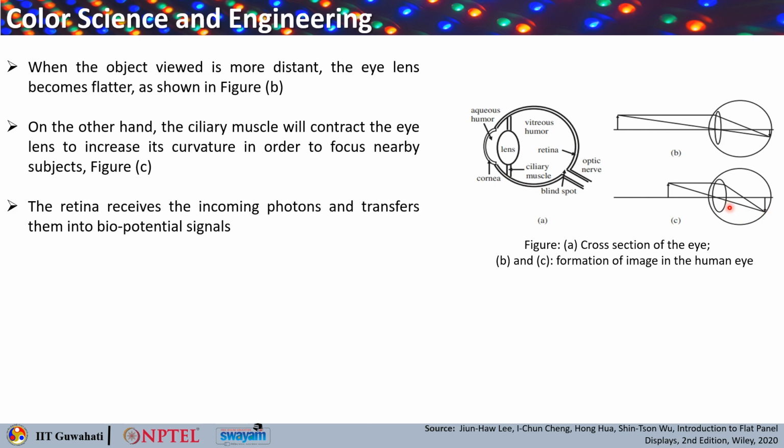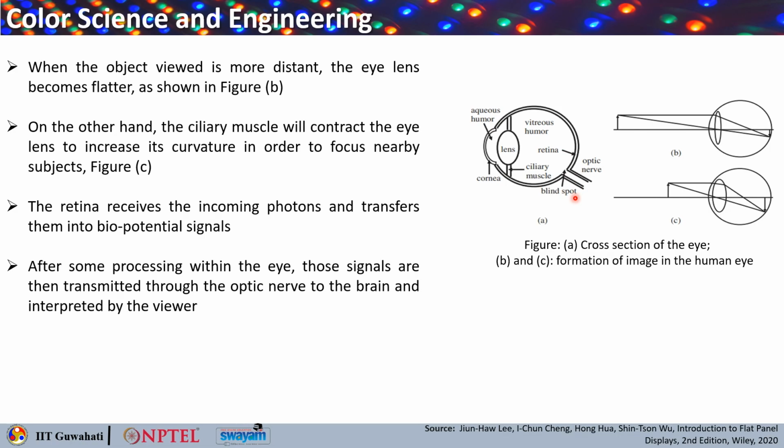Your retina receives the incoming photons and converts them into a biopotential signal. After some processing within the eye, these signals are transmitted through the optic nerve to the brain, and that is interpreted by the viewer.